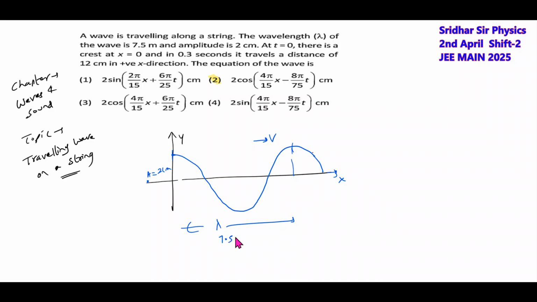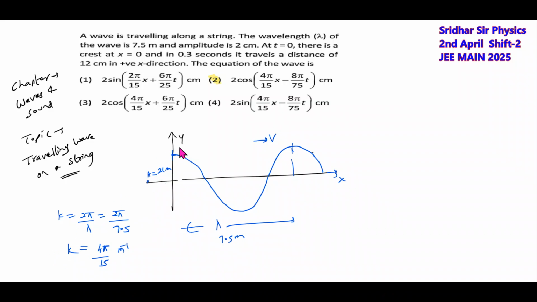Lambda is 7.5 meter. If we know the lambda, we can calculate k equal to 2 pi by lambda. 2 pi by 7.5, that is 4 pi by 15 per meter. This is the value of k, the propagation constant. Then we know the amplitude.